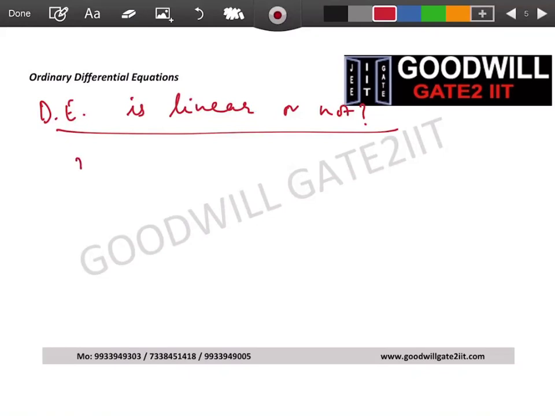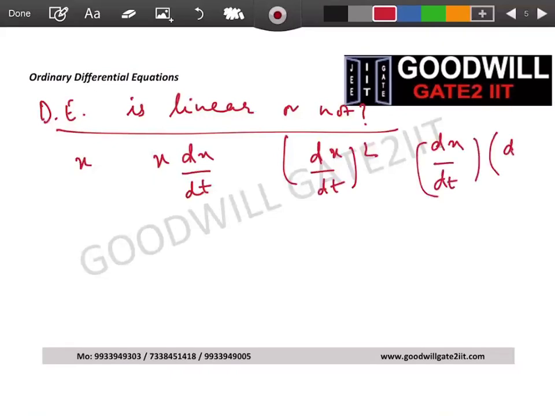So if you have something like x dx by dt, something like dx by dt whole square, or dx by dt into d square x by dt square. If you have any of these terms in your differential equation, then it is non-linear.